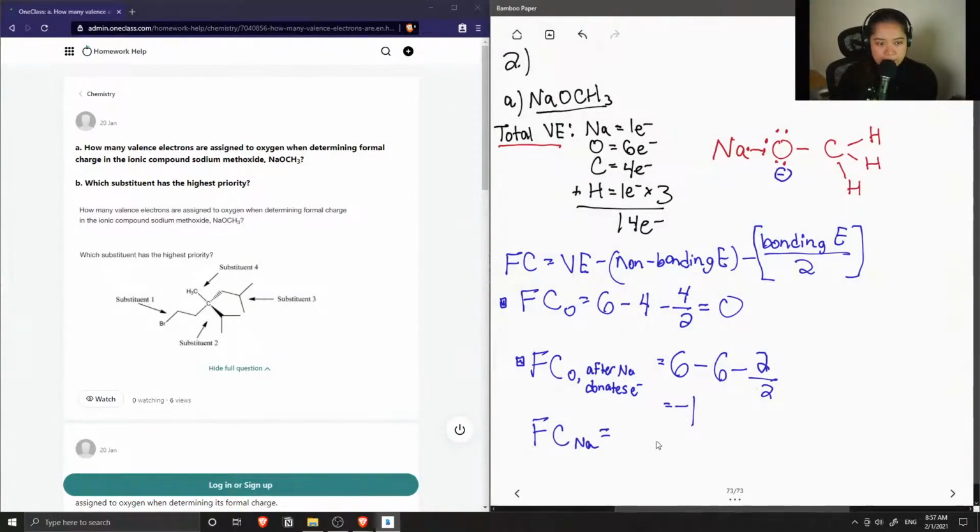Okay, so now if we look at the sodium, sodium has 1 valence electron, and there are no lone pairs on the sodium. So we just write 0.